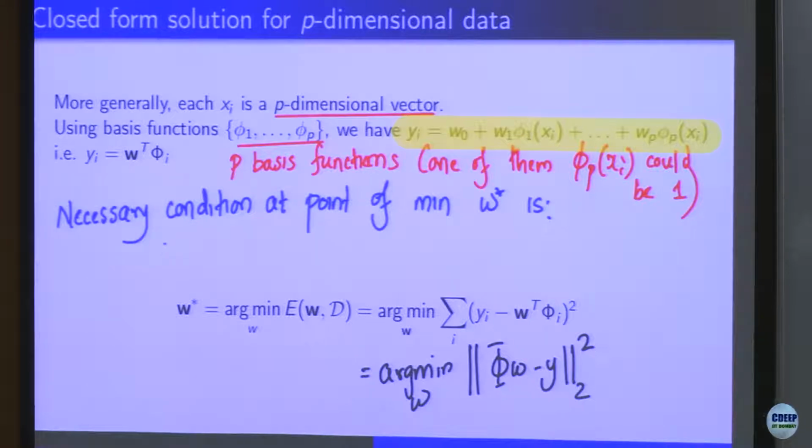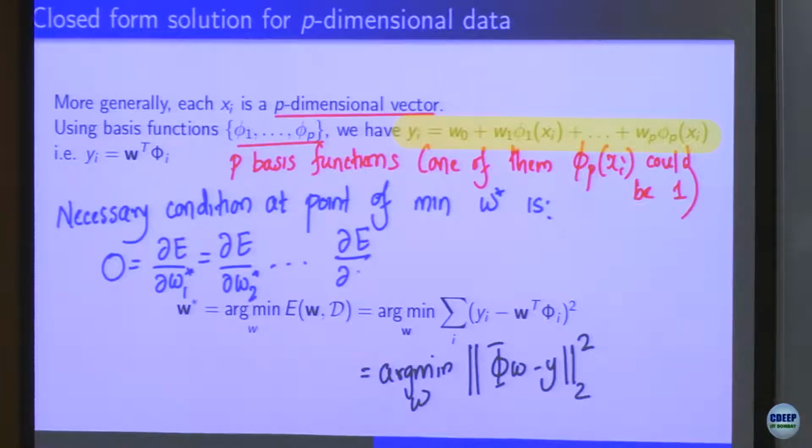The partial derivative of the error function with respect to W1 at W star should be 0. So should be the partial derivative of the error function with respect to W2, and so on, until WP.